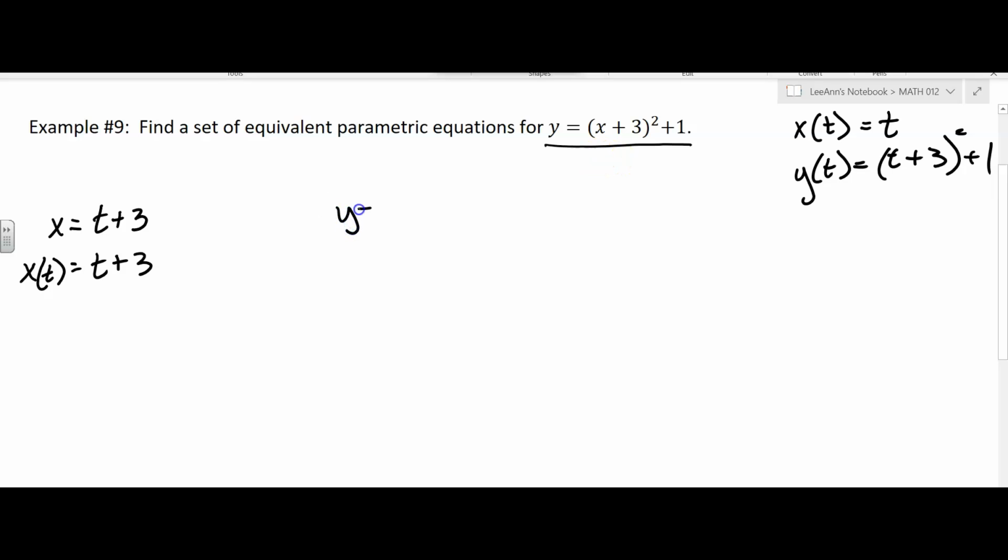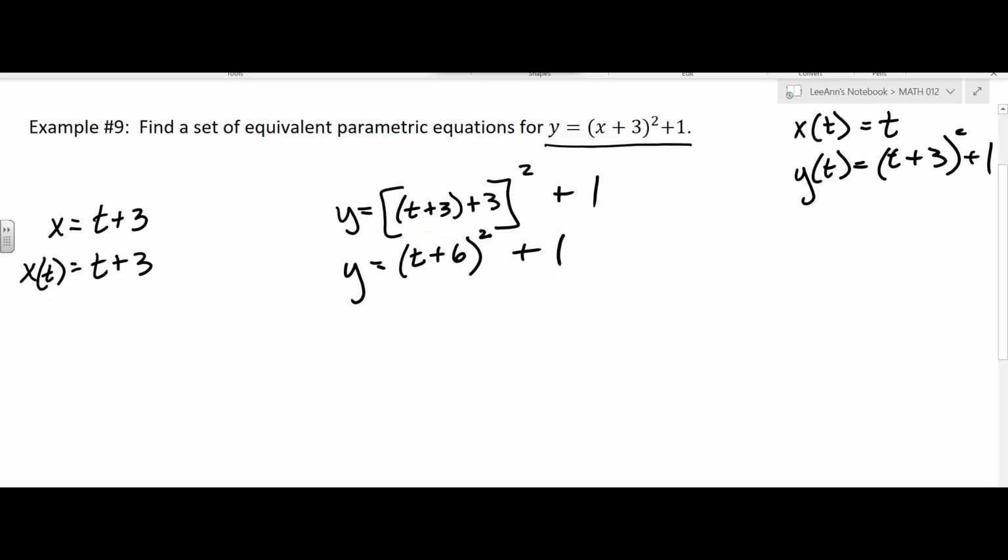So you'd have to put in t plus 3 for x plus 3, and then square it plus 1. Now, how do you want to write that? Well, you might want to write it (t plus 6) squared plus 1. It's in the form of a parabola, so it would be fairly easy to graph and stuff. So you could say, well, that's my parametric equation for y of t.